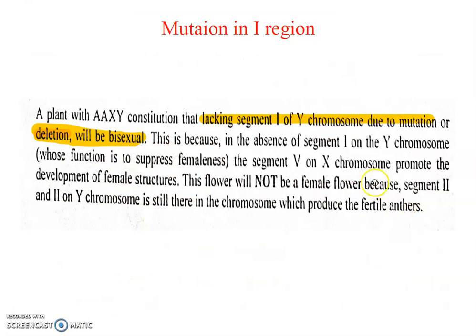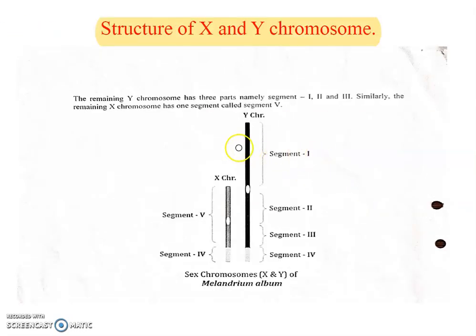What happens if the first segment of the Y chromosome is lost due to mutation or deletion? A bisexual flower develops. How is it developed? See here. Suppose this segment 1 becomes faulty, deleted or mutated.